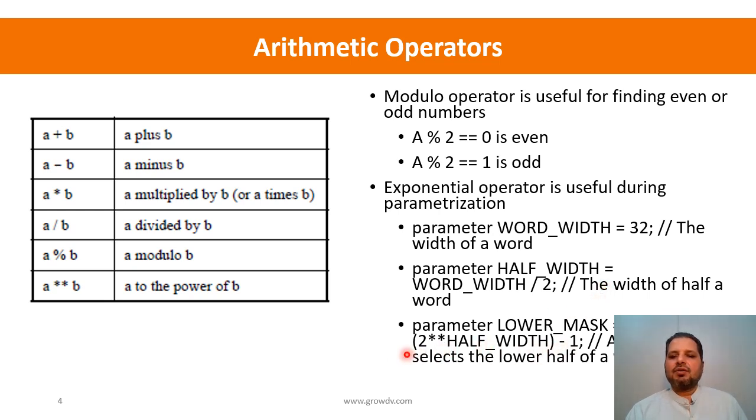What this will give me is the lower 16 bits as all ones, right? So I will get a 32-bit hex where the upper 8 nibbles will be 0 and the lower 8 nibbles will be F. That is what I can generate by using this type of parameterized approach. And at that point, this exponent operator is useful.